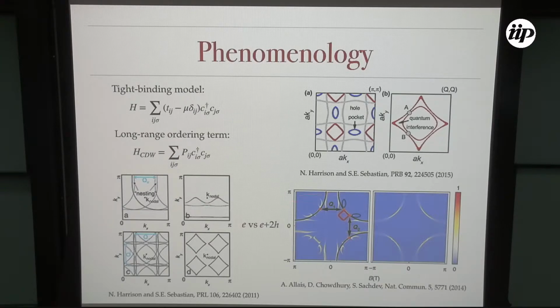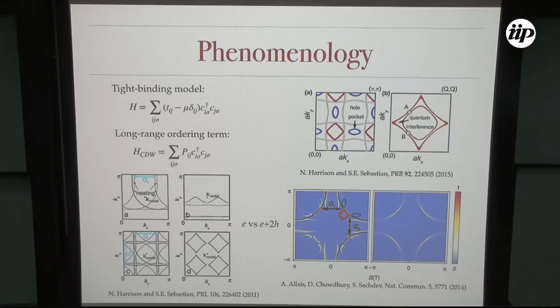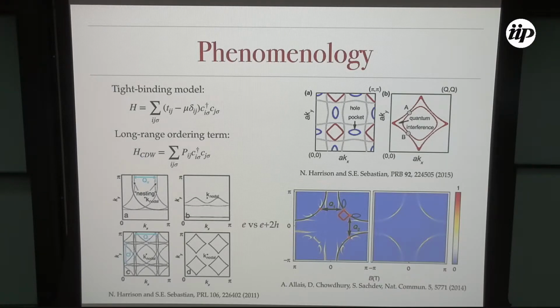The further calculation of the Fermi-surface in the framework of this approach was made by Eliashberg, Chakravarty, Sachdev, and they calculated the Fermi-surface accounting for the bond density wave, and they got the electron pocket with two small hole pockets. This was also predicted by Harrison and Sebastian.